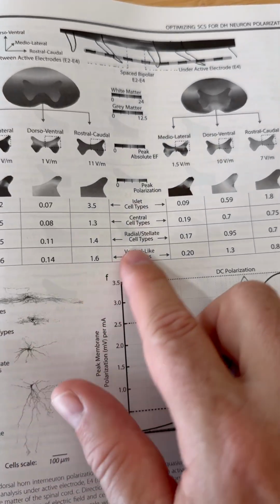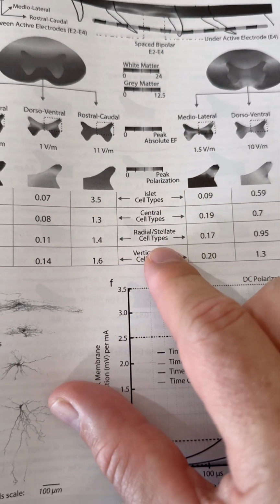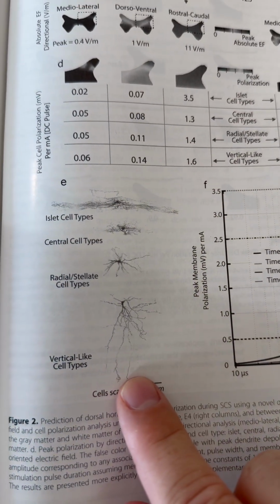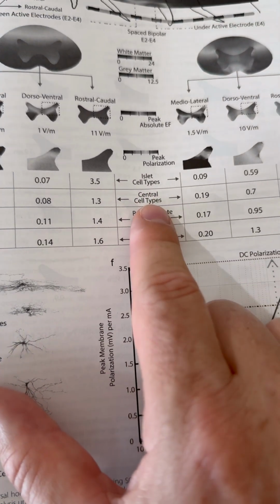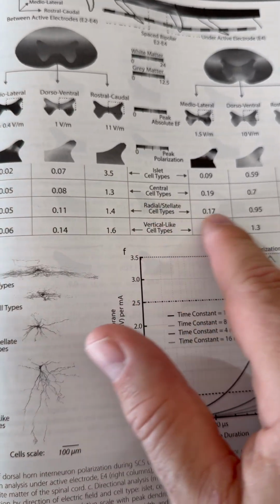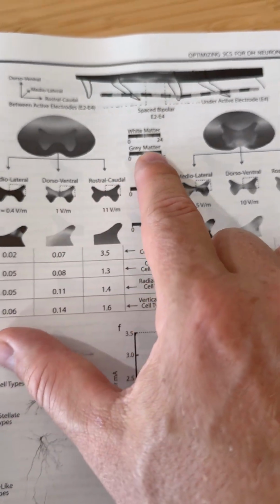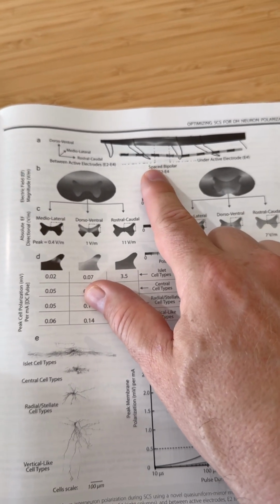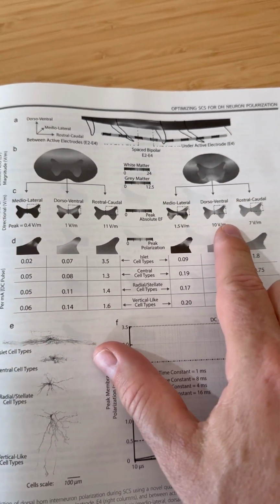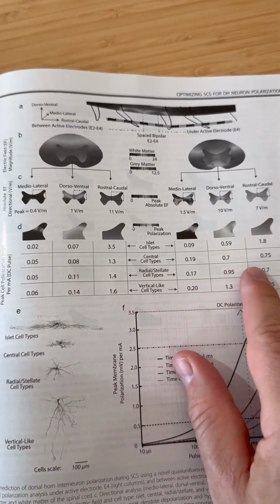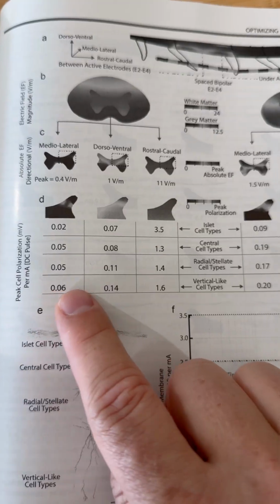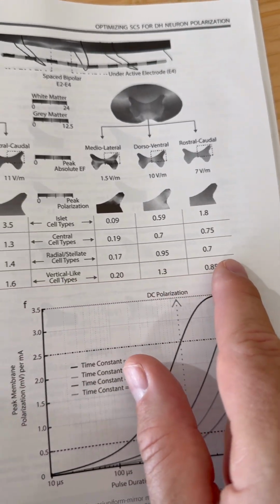This is sort of the main figure here. And the main thing to understand is that we're considering these cell types independently. So here's the islet type, here's the vertical type. This is what these cells look like. And we're asking how much is each one of these polarized? We're doing a bunch of different analyses here, thinking of both under the electrode, between the electrodes, thinking about directionality. But right here is the bottom line, where you're looking at each cell type, and we're asking what's the most that they might polarize.